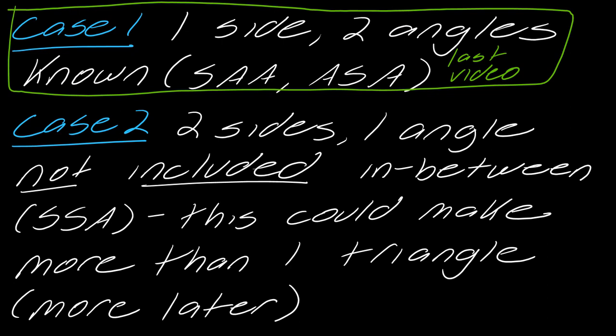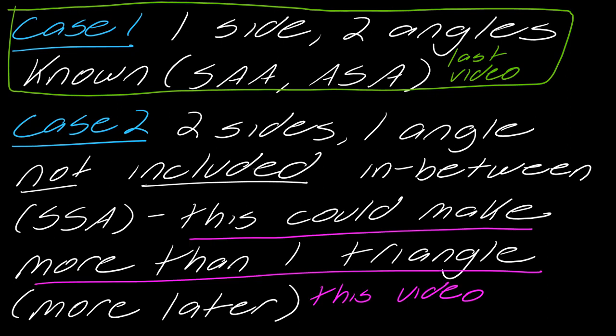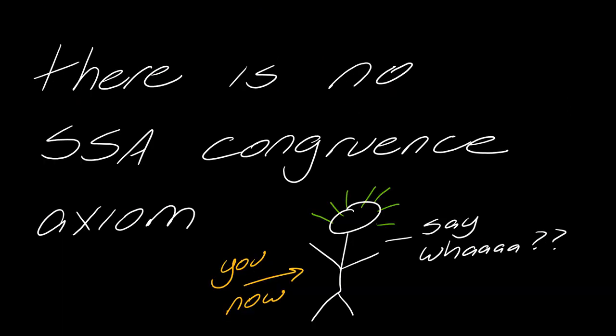Now, we're going to talk about case 2 in this video, where if you have this SSA, this could make more than one triangle. I'm trying to help you understand why that exists. There is no SSA congruence axiom, and that explains why this can get ambiguous.